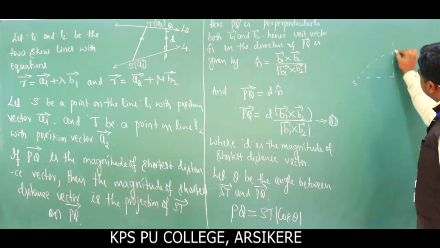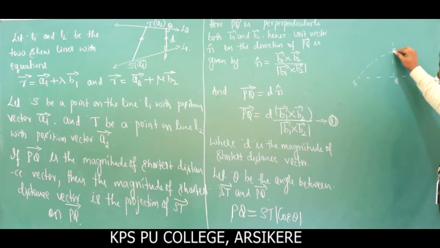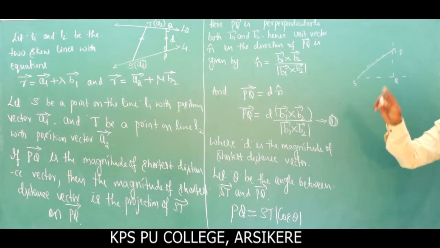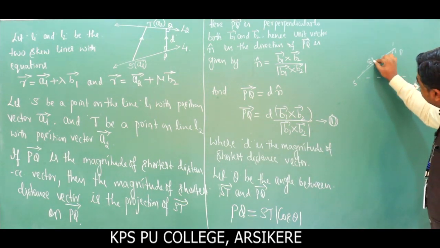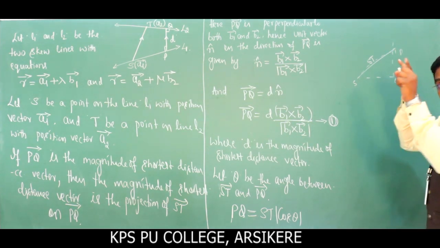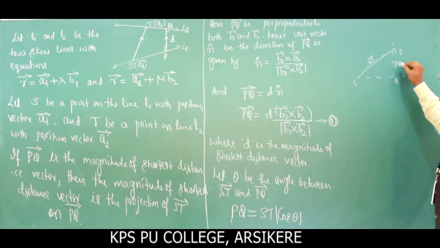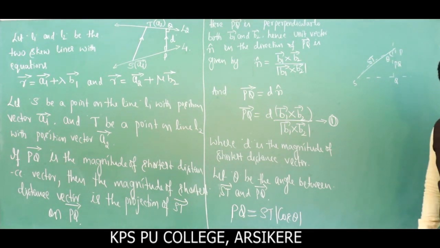This is S, this is T and PQ is here. Corresponding magnitude I will take as ST. Just ST represents the magnitude, and when an arrow mark is on top, that represents the vector. This is ST and this is PQ. This is what we have theta.